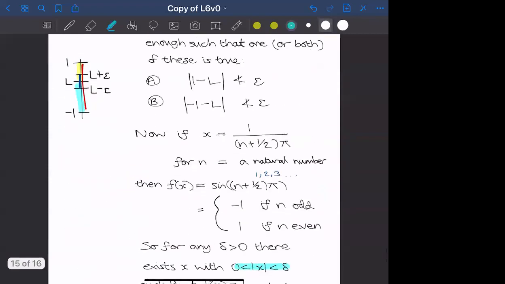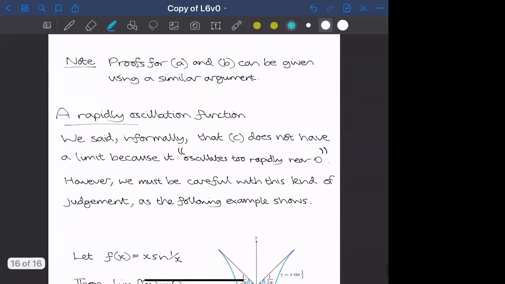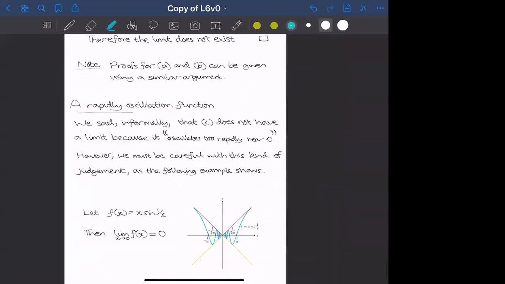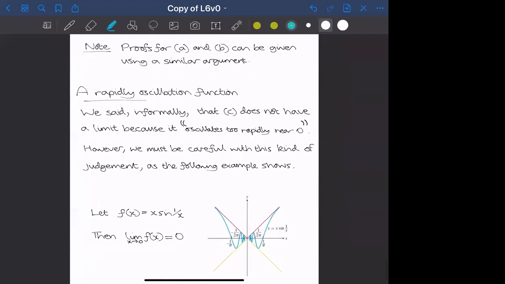So after that proof, when we first said that C does not have a limit, we said it was because it oscillates too rapidly near 0.